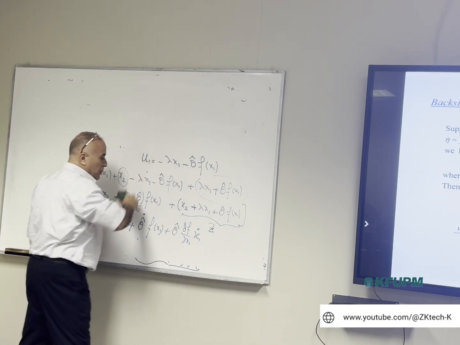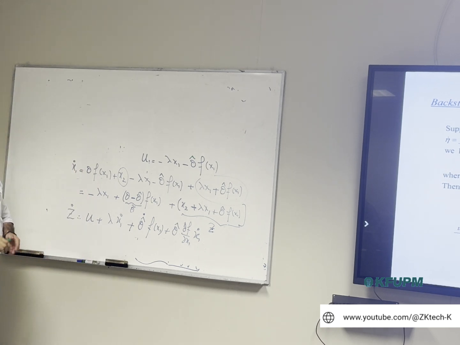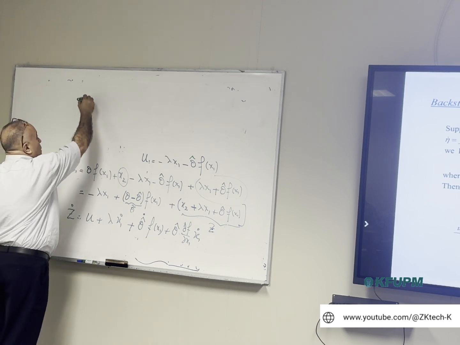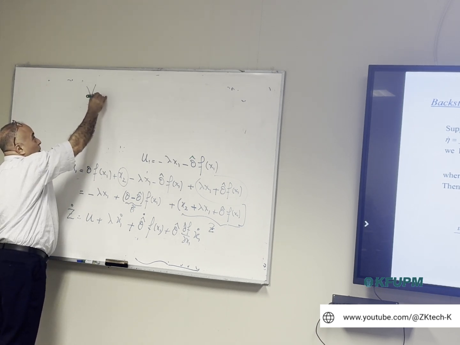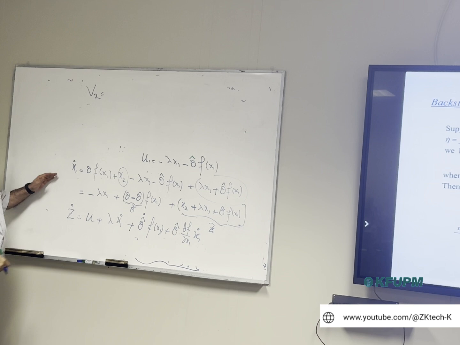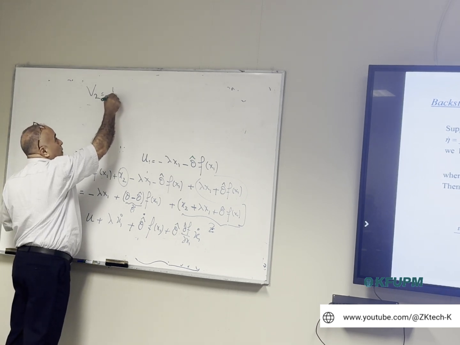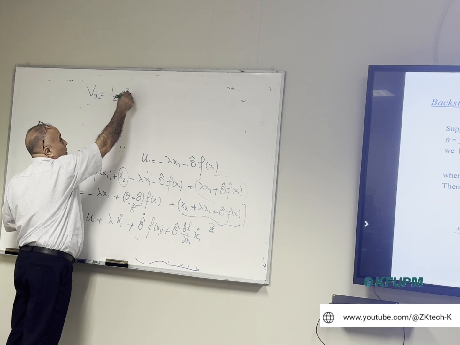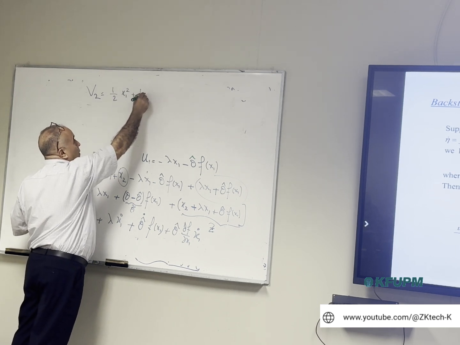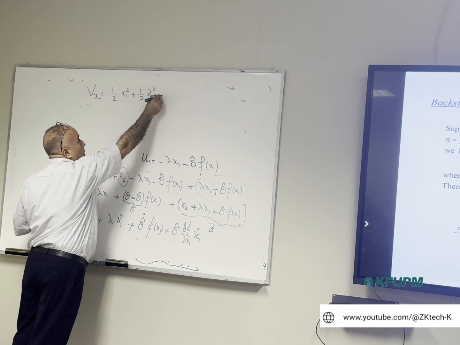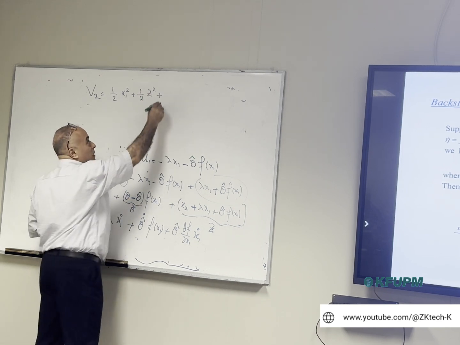So what will be my Lyapunov? My Lyapunov V2 now, the last step. Remember the second step here. V2 will be half of x1 squared plus half of z squared plus half theta tilde squared.